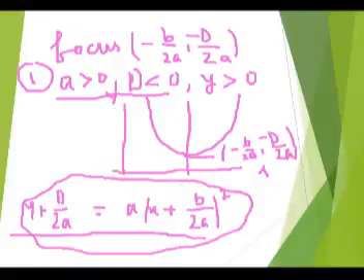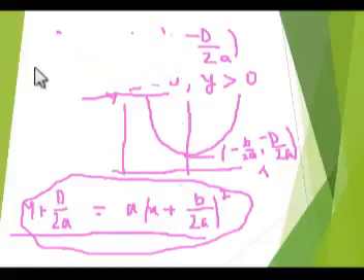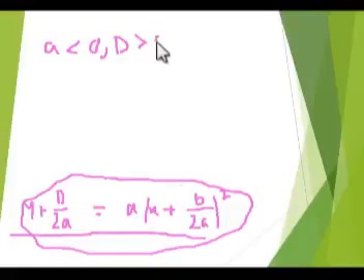And if the case is changed in this way, we are taking a less than 0 and d greater than 0, then y will always be negative. Then what will be the graph of this kind? Here y must be less than 0.